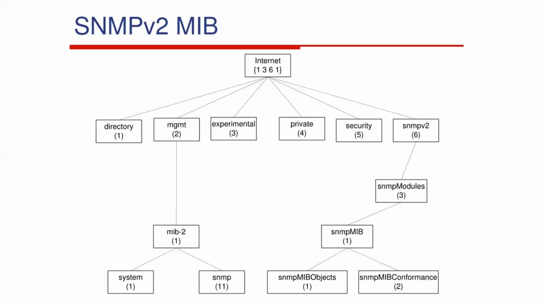Then simply move to the next topic, SNMP version 2 in the MIB, Management Information Base. From this diagram, 2 new MIB modules, security and version 2, have been added to the internet MIB. So the version 2 module has 3 submodules: SNMP domains, SNMP proxies, and SNMP modules.